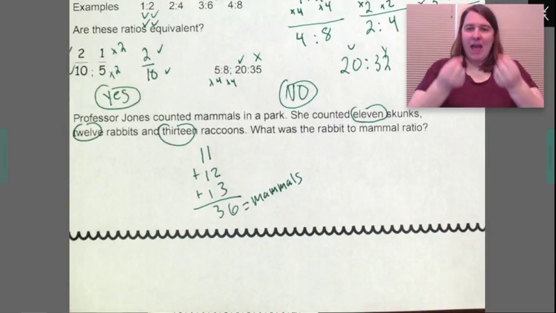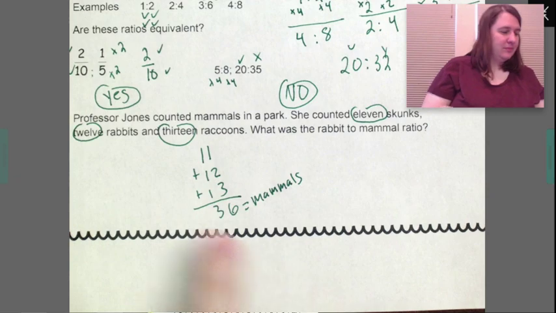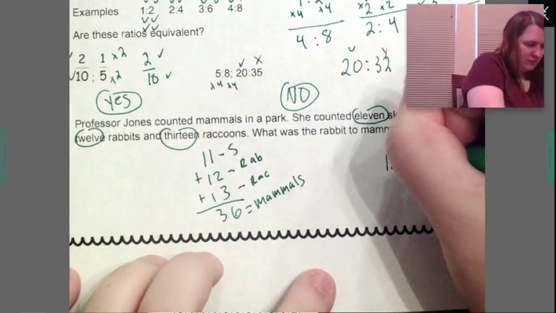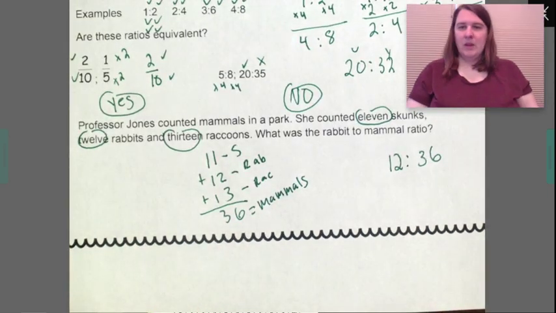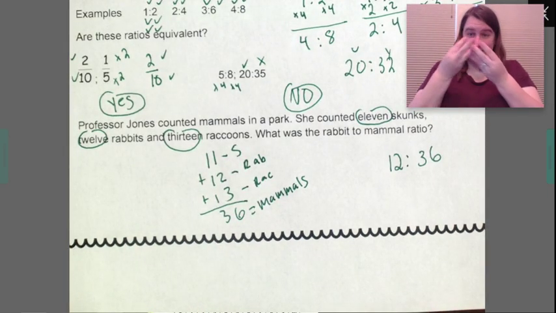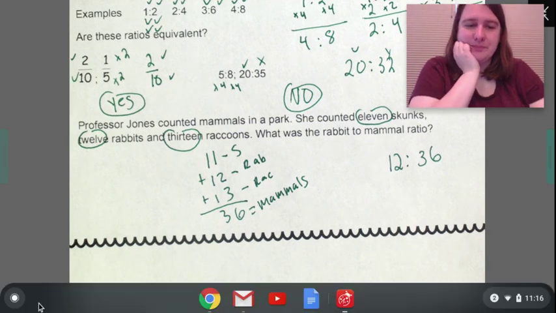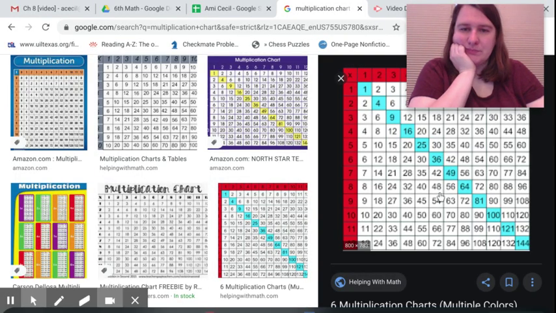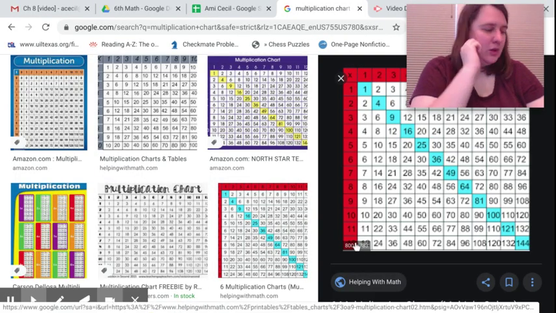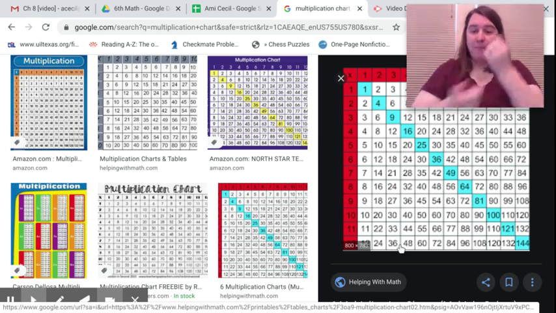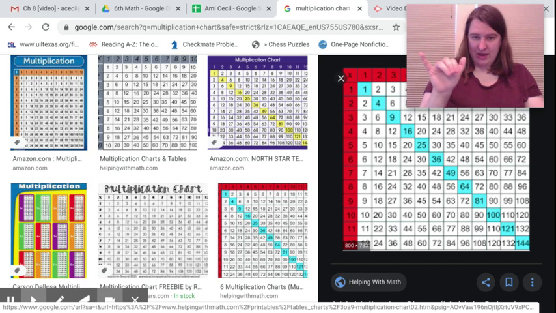All right, now, how many rabbits? Now we need to see, is it simplified enough? Let's look at our multiplication chart. We have 12 and 36. They both have 12 in common.